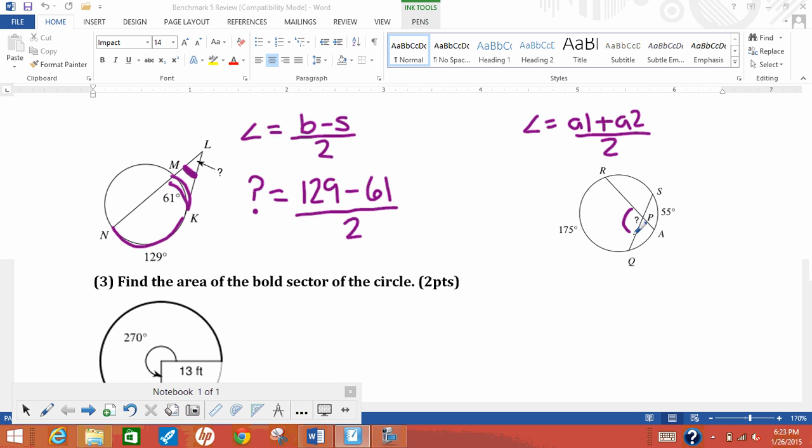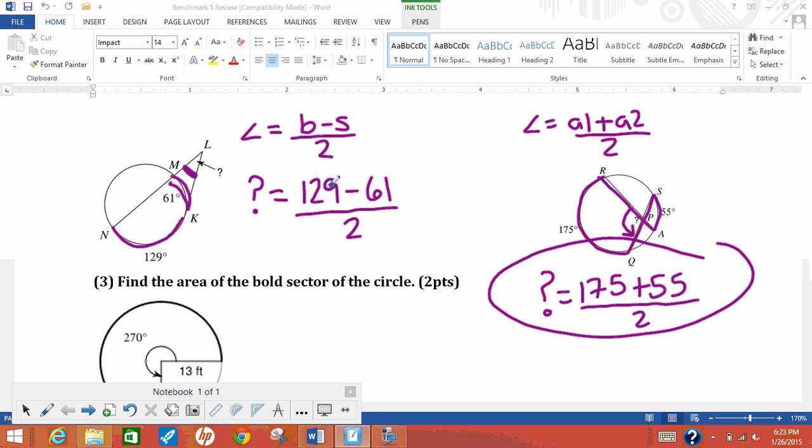So my angle is question mark, and that's equal to the two arcs, and they got to make sure that they're the arcs that are part of this bow tie here, which they are, 175 plus 55 over 2. And again, all I was looking for in these two were the equations you would write. No need to simplify at this point.